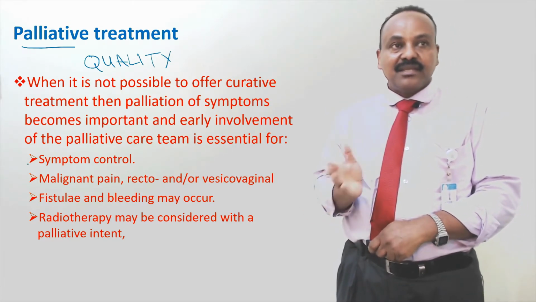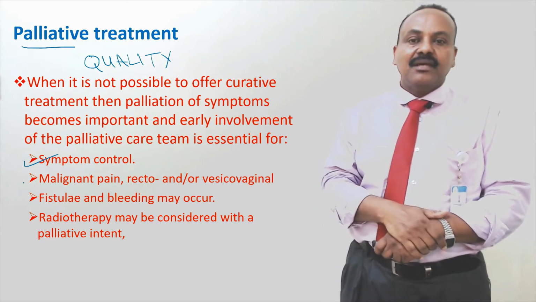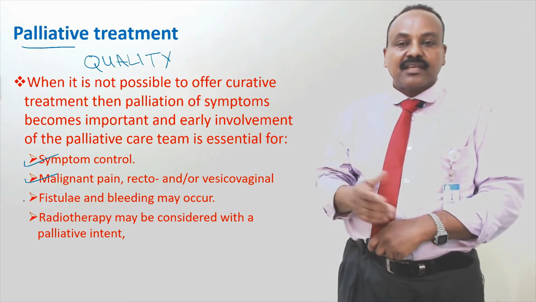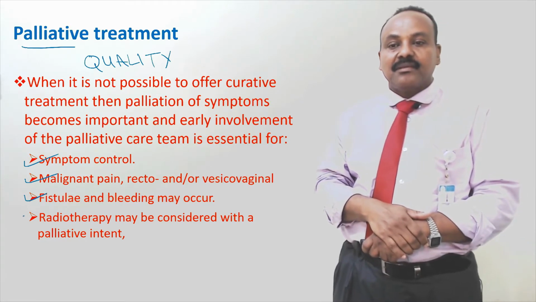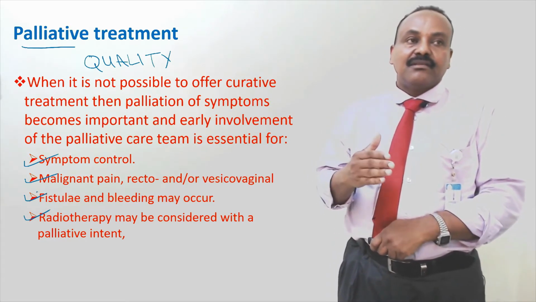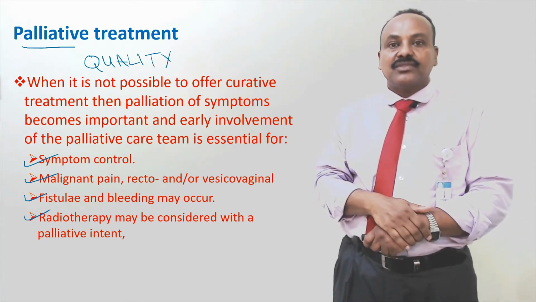If she has pain, treat the pain. Bleeding, treat the bleeding. Anemia, treat anemia. Malignant pain, recto- and or vesicovaginal fistulae and bleeding may occur. Radiotherapy may be considered with palliative intent. If you need radiation for palliative treatment, you can offer it to the patient.